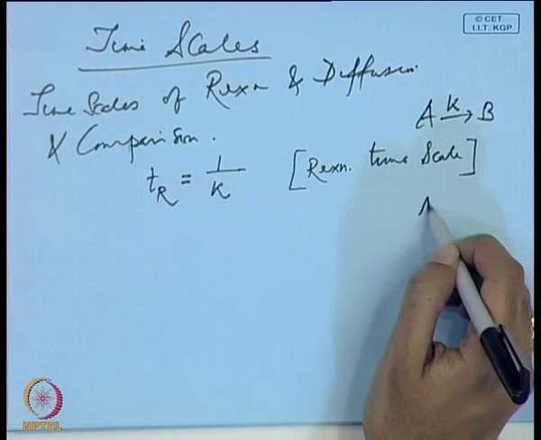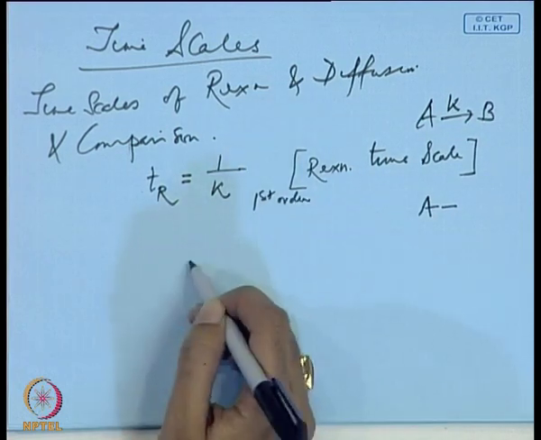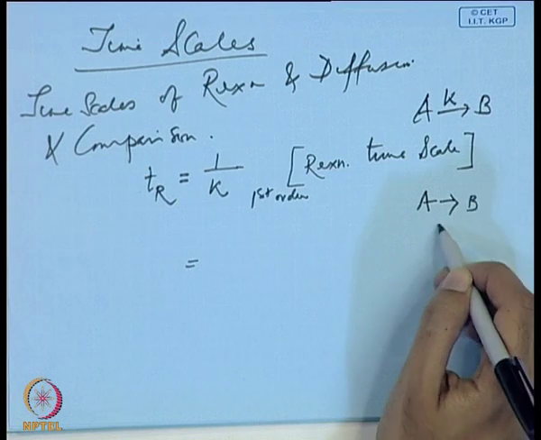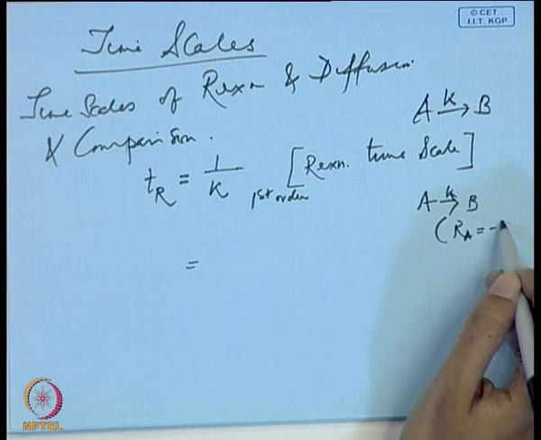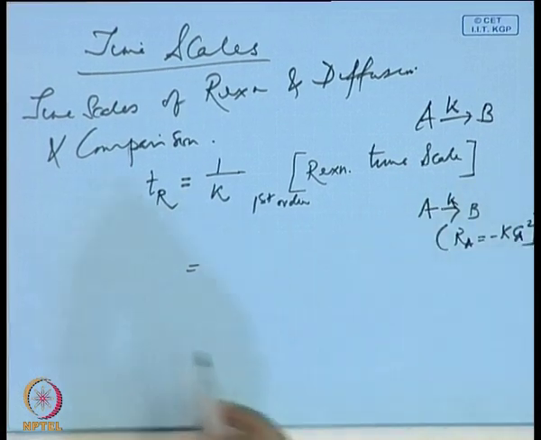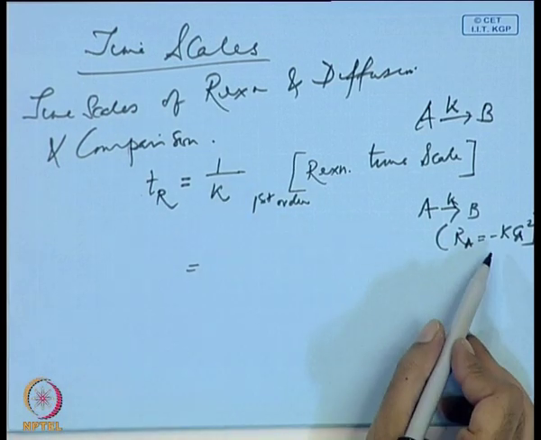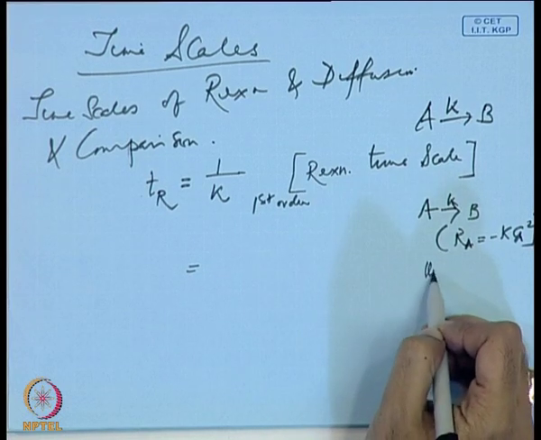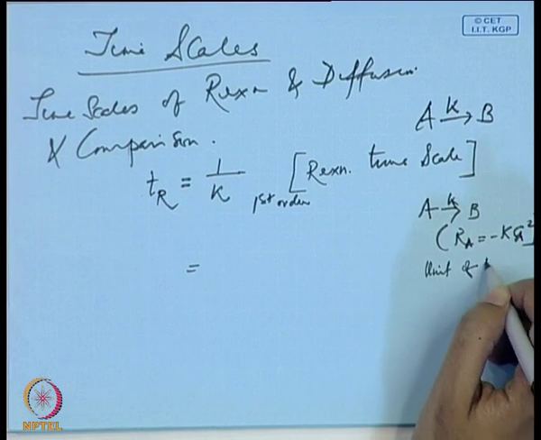If it is second order, say this is first order, A going to B, with R A equals minus K C A square. So, if it is a second order, then what is the unit of K in a second order reaction? You have to always look at it this way: once you figure out what the unit is.